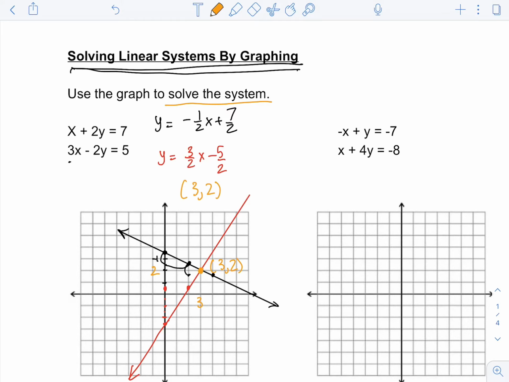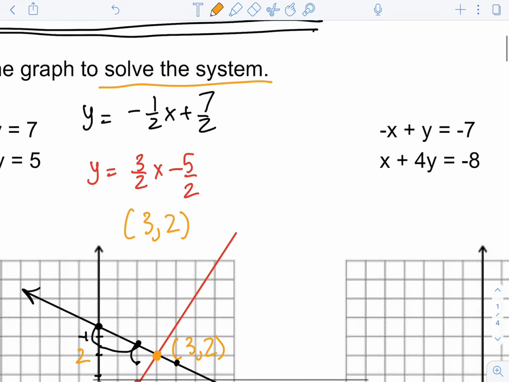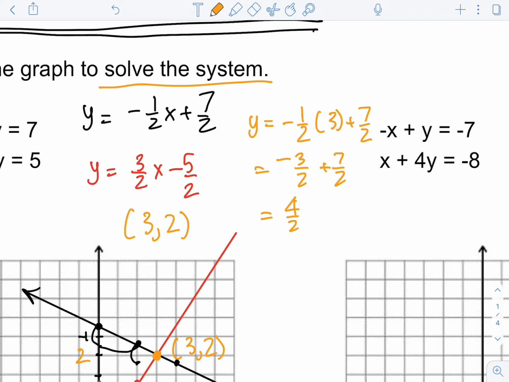Now, how can we check that? Well, let's actually put in the values. Since we know that x is our 3, y is equal to negative 1 half times 3 plus 7 halves. Negative 3 halves plus 7 halves. 7 minus 3 is 4 halves, which is 2.